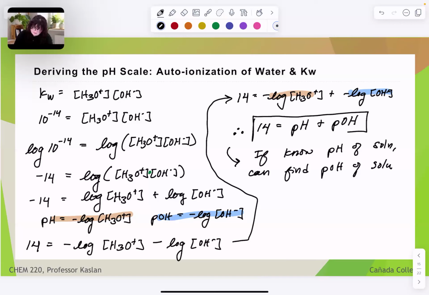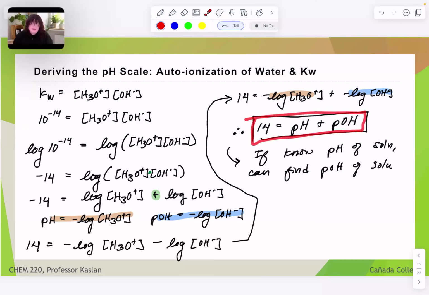So this is a very important relationship, and the entire pH scale comes from the fact that we know the dissociation constant for the autoionization of water. So hopefully that made some sense. If not, that's okay. I'm never going to ask you to redo this algebraic derivation, but I do want you to see where the 14 comes from and why I can make a statement like this.